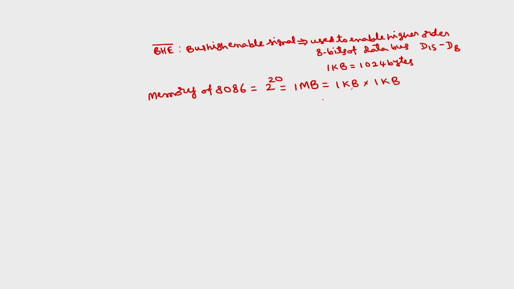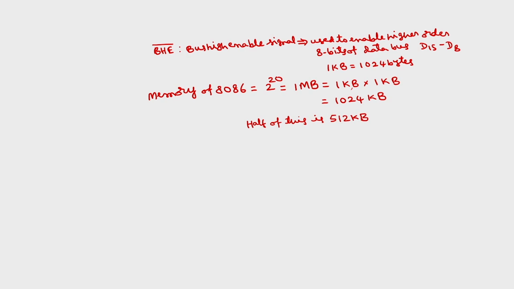If I substitute, this is 1024 kilobytes. 1 megabyte is equal to 1024 kilobytes. So what is half of this? Half of this is 512 kilobytes.